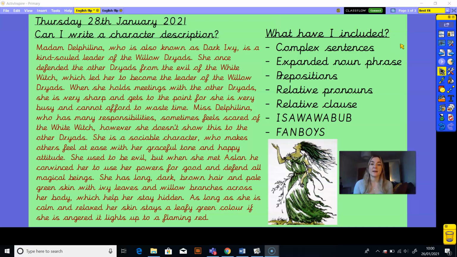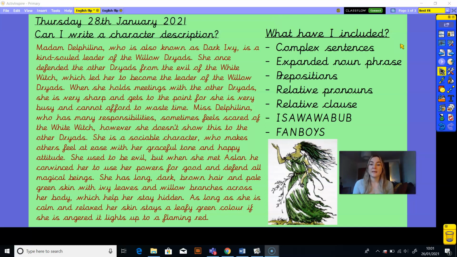Make sure we've included some adjectives, whether describing their personality or their appearance on the outside. Some prepositions, so if we're saying what they look like, we're saying where that thing is on their body. Relative pronouns and relative clauses to give that extra bit of information, but we need to make sure we're using relative pronouns with the clause so that we know that clause is about that particular person.